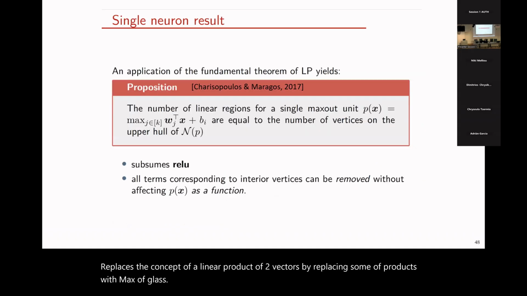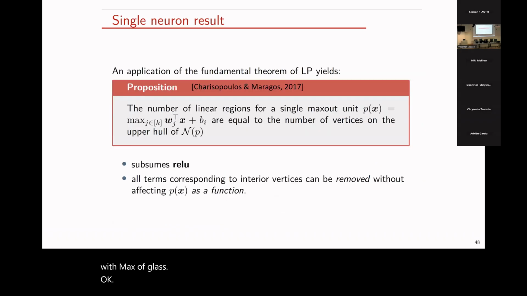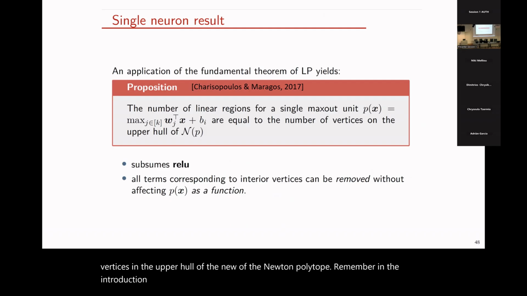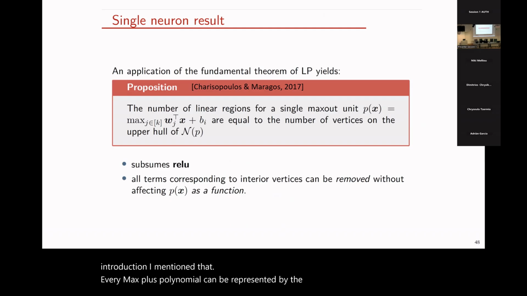Okay. The first result for a single neuron tells us that the number of linear regions for a single maxout unit is equal to the number of vertices in the upper half of the Newton polytope. Remember in the introduction I mentioned that every max-plus polynomial can be represented by the vertices of the upper half of its Newton polytope.